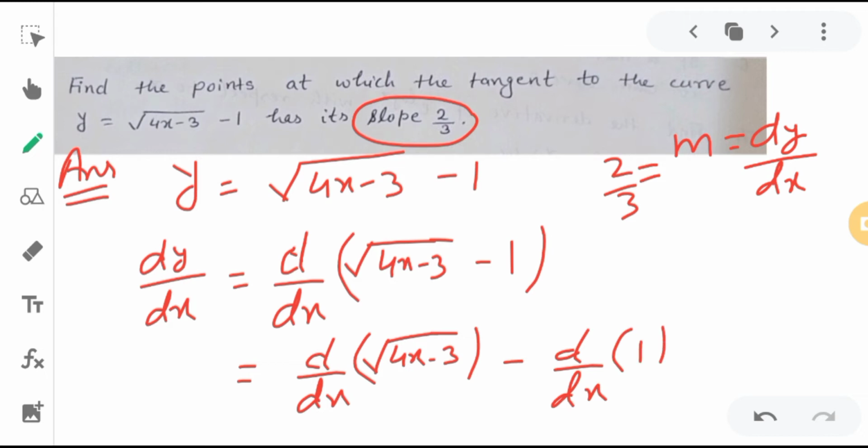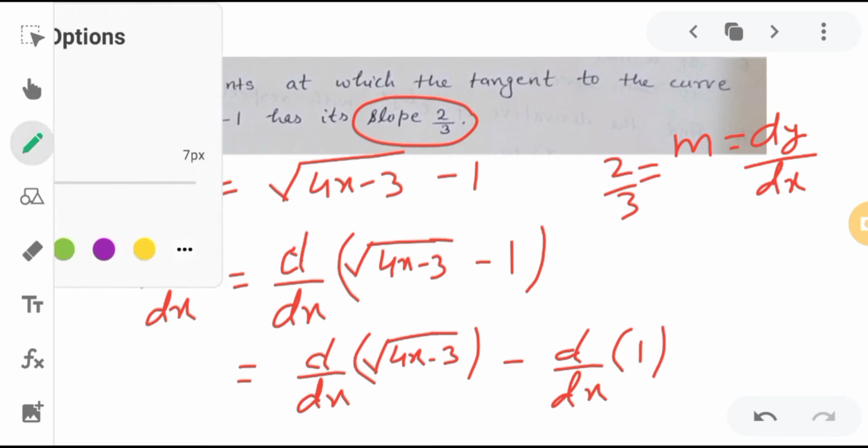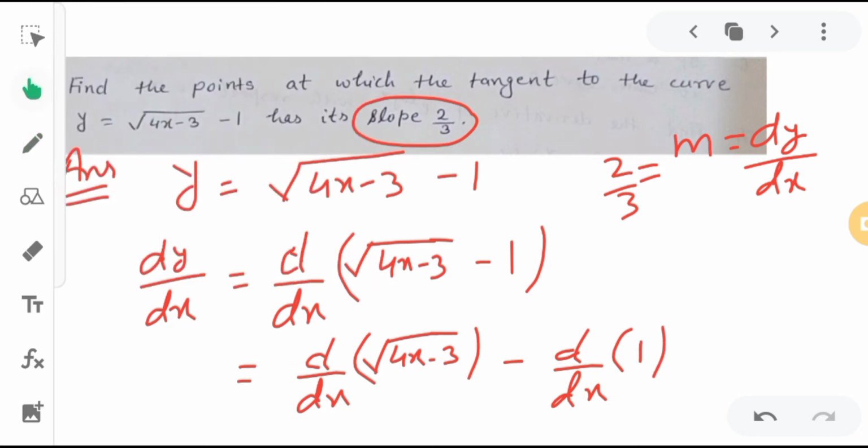In previous videos I discussed a few formulas: the derivative of any constant term will be 0. Since 1 is constant, its derivative is 0, so no need to worry about it. We need to focus on the first term.